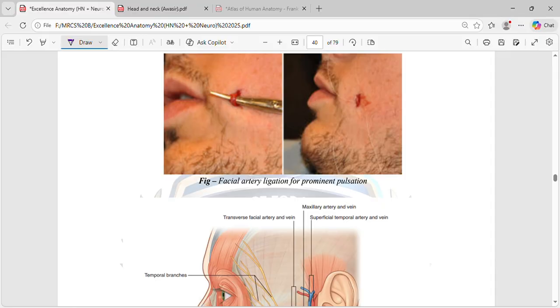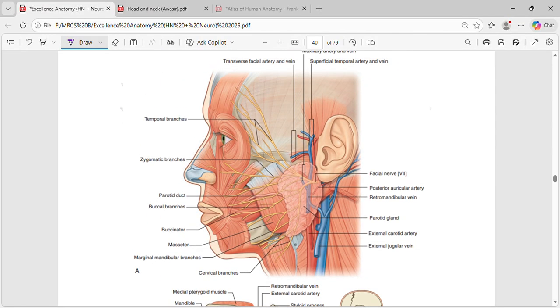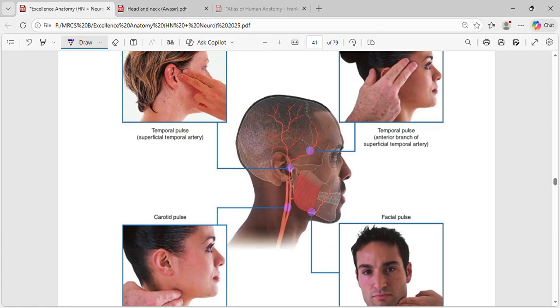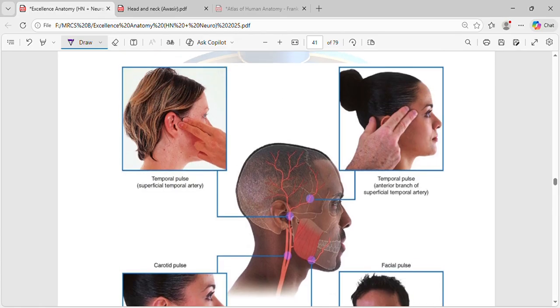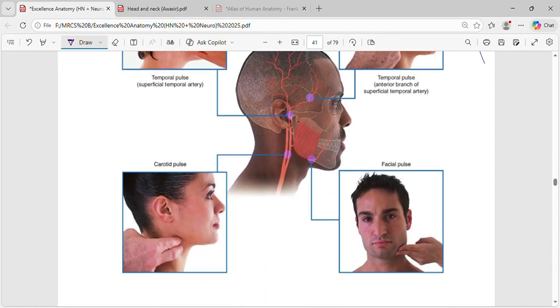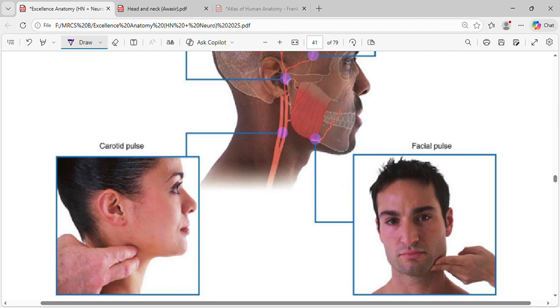You can see here, this is the intertragic notch, and this is the hair that's about the middle of the philtrum.